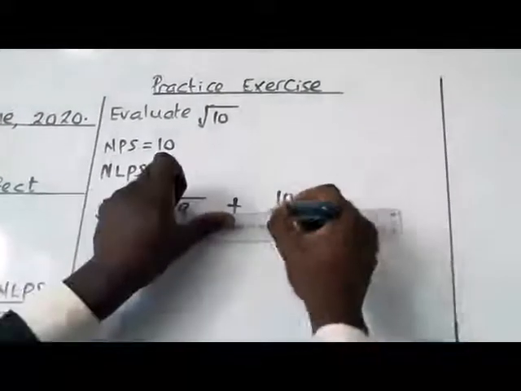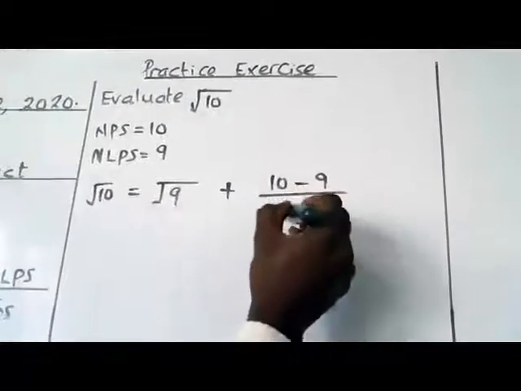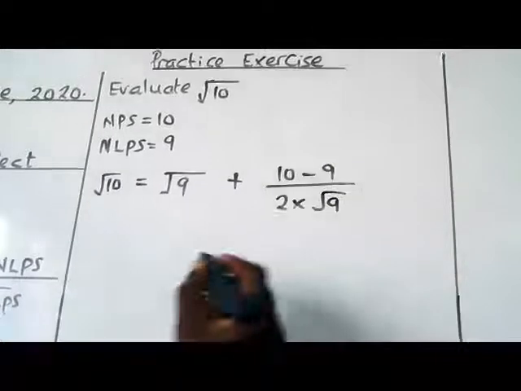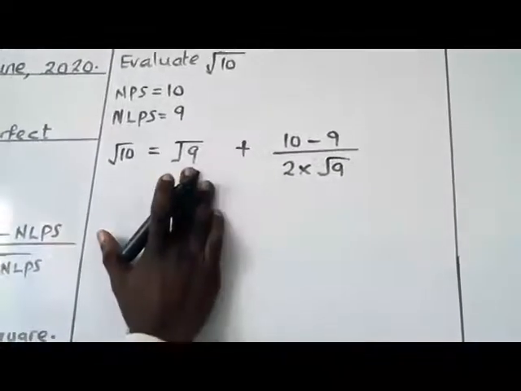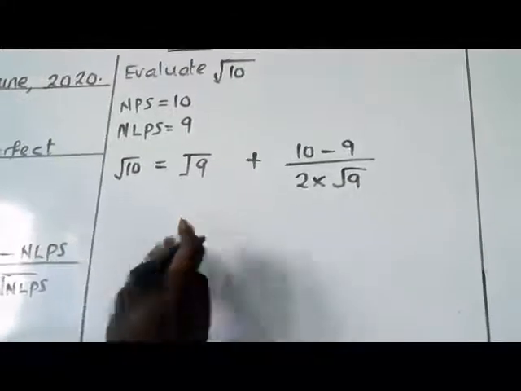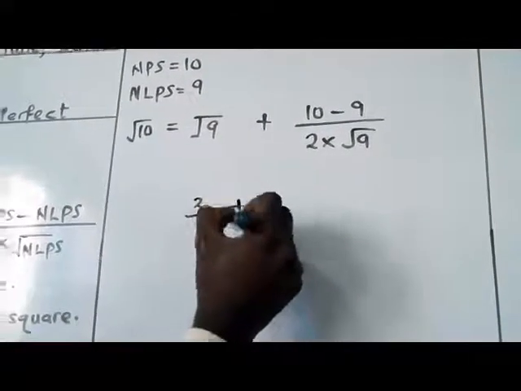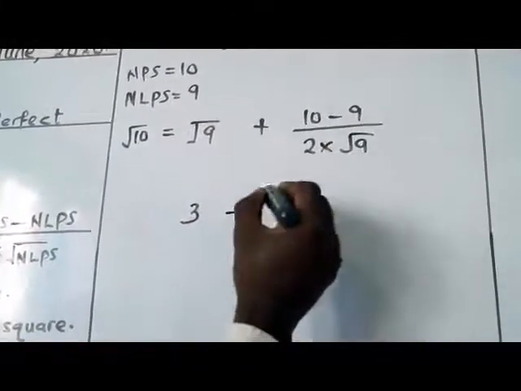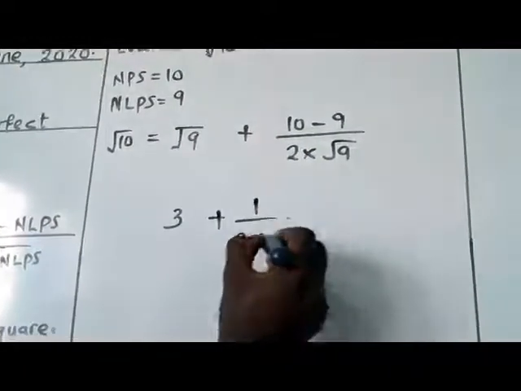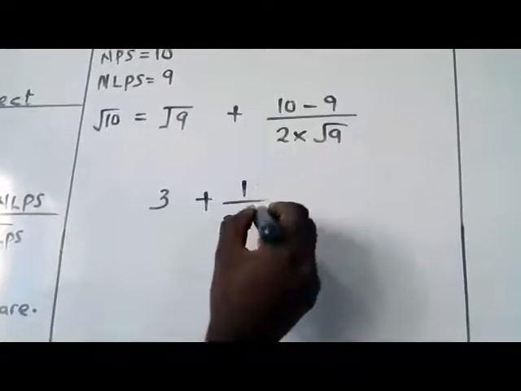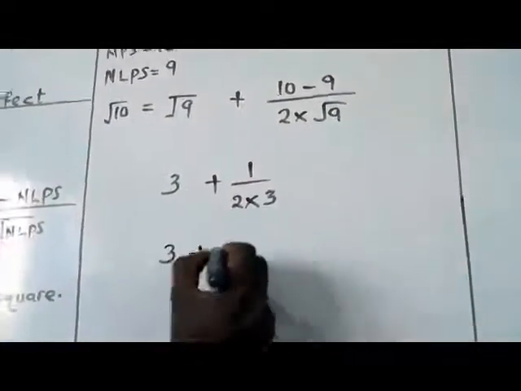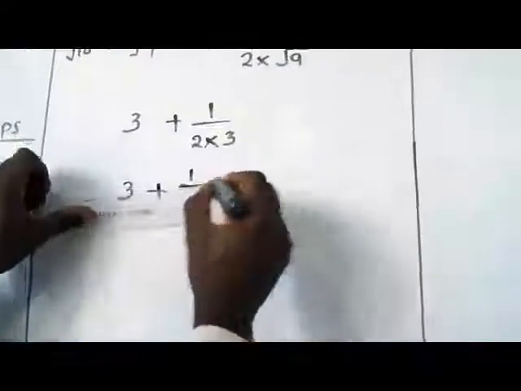So all divided by 2 multiplied by the next lower perfect square. That is very fine. So let's solve what we have here. Square root of 9 is the square root of 3 times 3, same thing as 3. So this gives us 3 plus 10 minus 9, that gives us 1, divided by 2 times square root of 9, which is what? 3. That's correct. So if we solve this further, we have 3 plus 1 over 6.